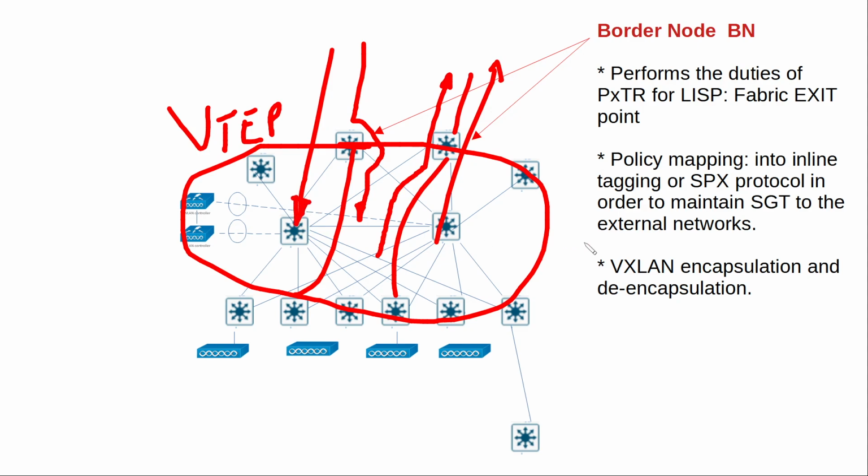So the border nodes are VTEPs. That means that they will be able to encapsulate and de-encapsulate traffic. They are also in charge of maintaining the scalable group tag and VNID when traffic leaves the fabric. They are the exit points of the fabric, and they are the PxTRs for the LISP protocol.